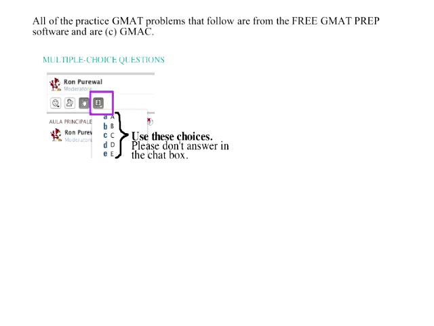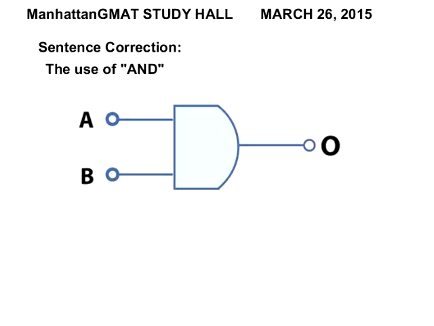Okay, so this word, "and", is not exactly an obscure or uncommon word. But the way in which it is used is very special when it comes to formal writing. So let's just talk about that for a moment.